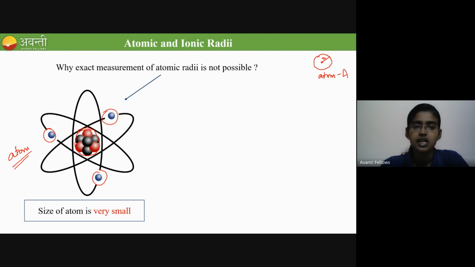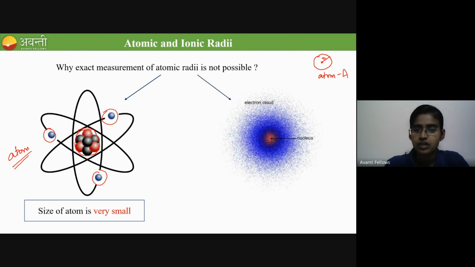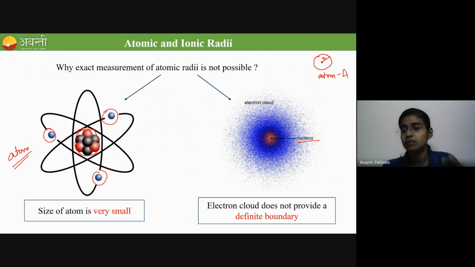Now the second reason is, so this is an atom again, in terms of electron density. Center part is the nucleus, and the blue color dots represent the electron cloud. This electron cloud is not providing a definite boundary to us.